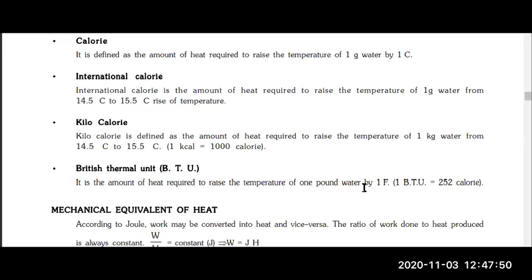Do I need to cover this? Tell me, guys. I don't know what is international calorie, Manoj. Google it. What can be international calorie? I haven't heard the word international calorie yet.